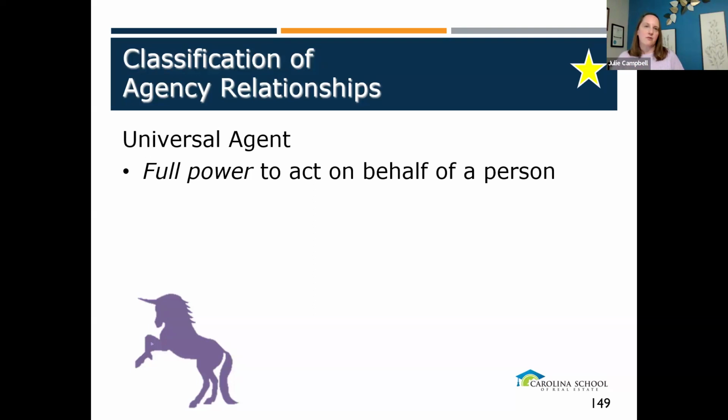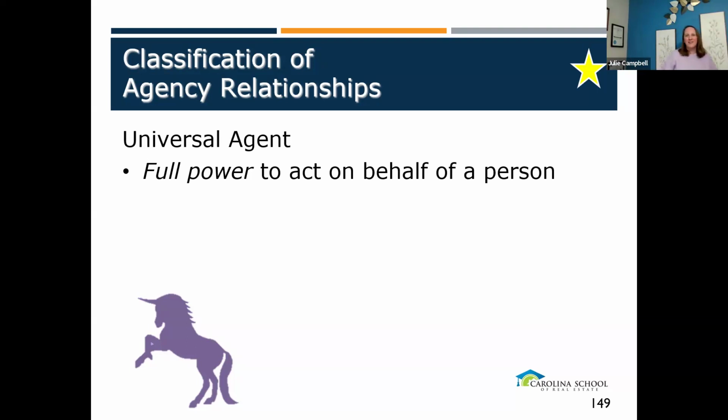Think this through. The agency relationship is between the client and whom? And I can see your mouths move, the firm. Think it through. Are you going to give Keller Williams full power? Are you going to give Coldwell Banker, Allen Tate, full power?